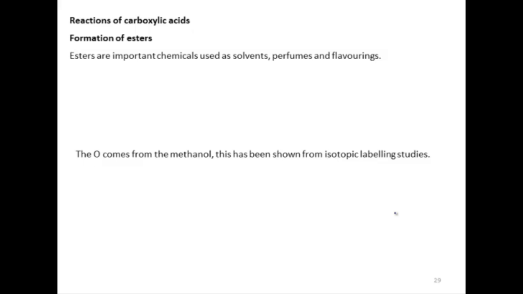Let's have a look at some reactions of carboxylic acids. The first one, and probably one of the more important ones, is the formation of esters. Esters are important chemicals and they are used as solvents, perfumes and flavourings. We'll have a look at this one here.